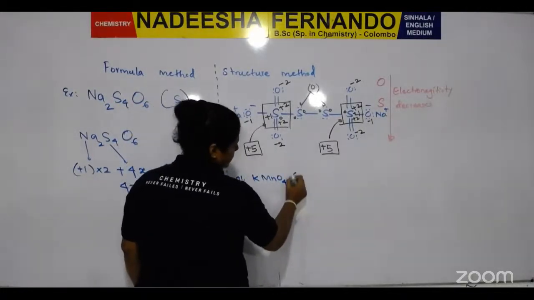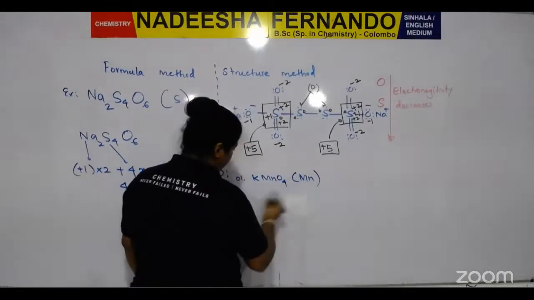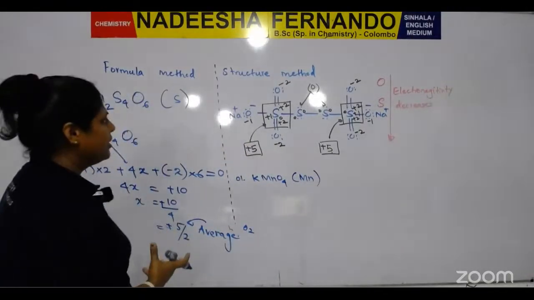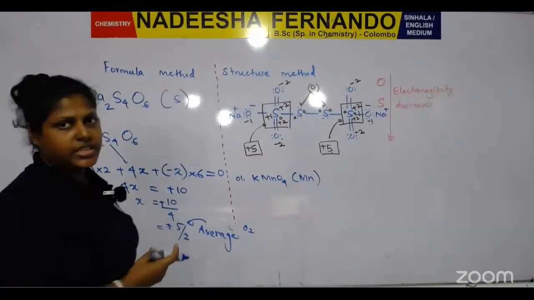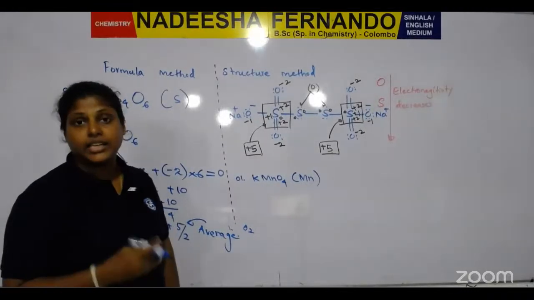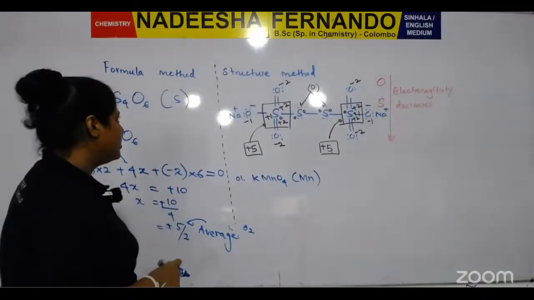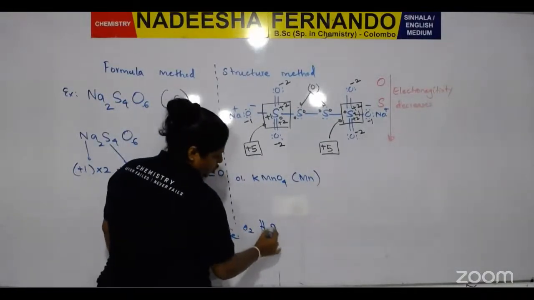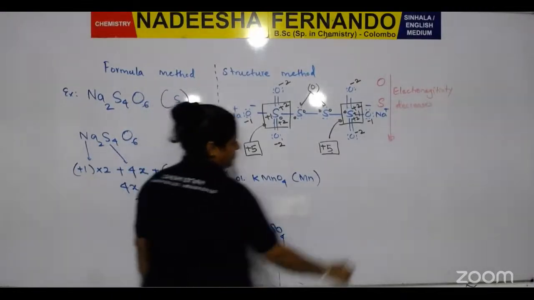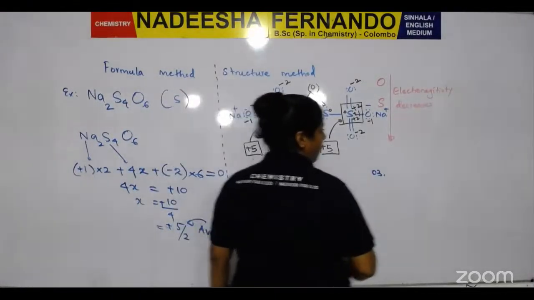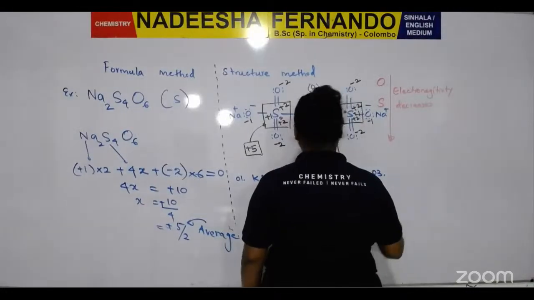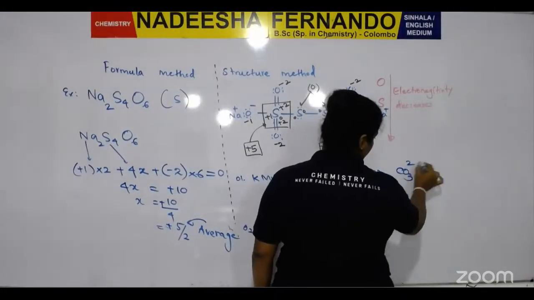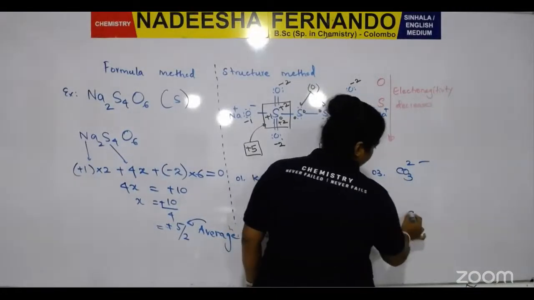Please take the oxidation state of manganese in KMnO4. I'll give a few examples. You can take the oxidation state of manganese by the formula method and the structure method. H2SO4, third one. CO3 2 minus, fourth one.